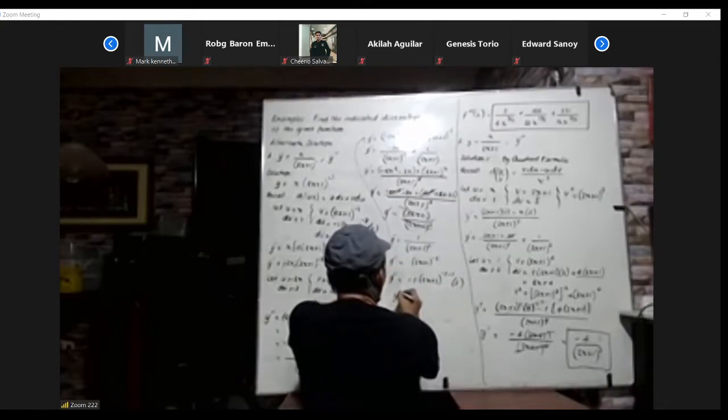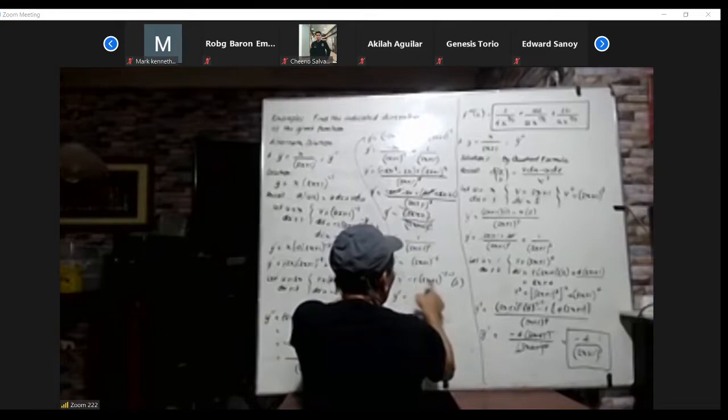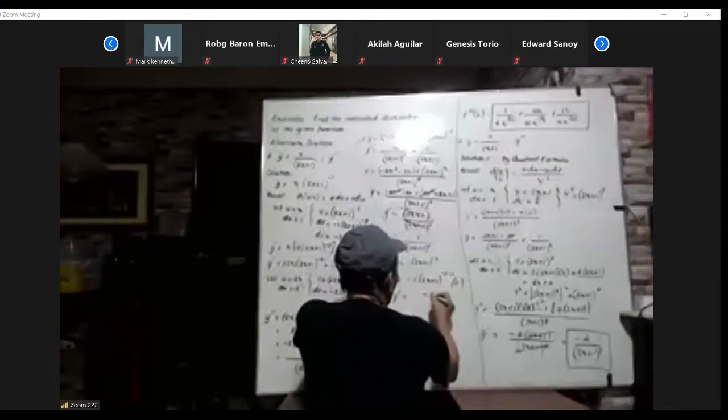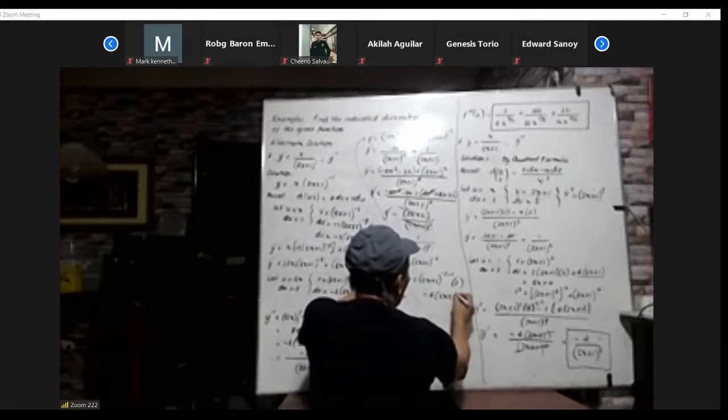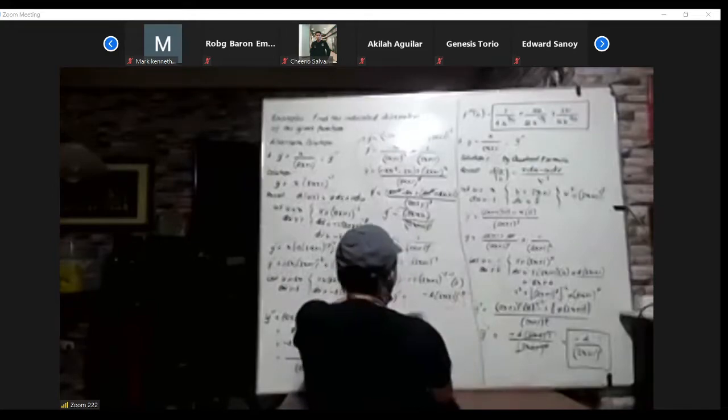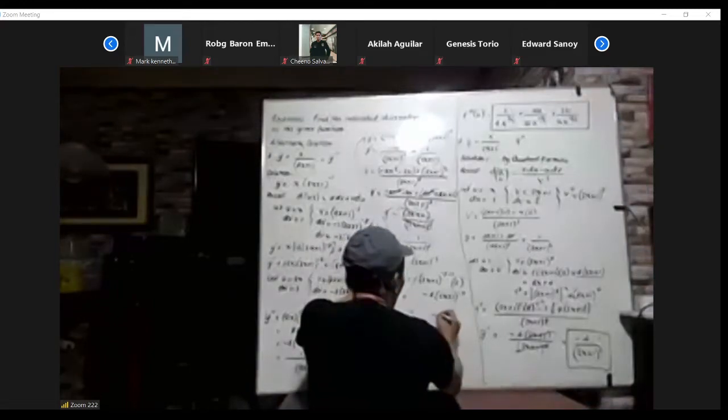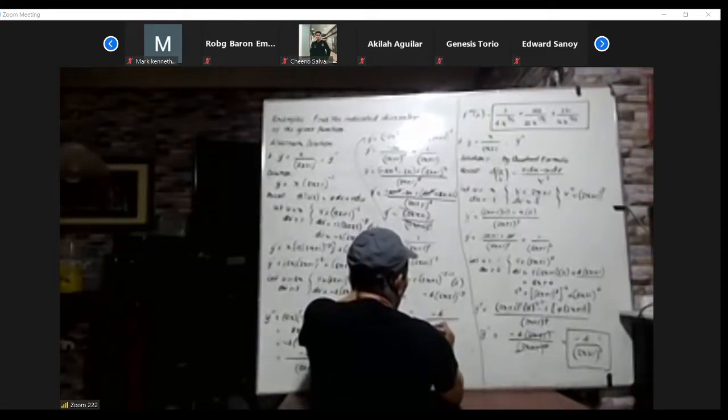Therefore, derivative is negative 2 times 2, negative 4, then 2x plus 1 raised to negative 3. And thus, second derivative of y is equal to negative 4 over 2x plus 1 cubed. Okay, so that is the answer.